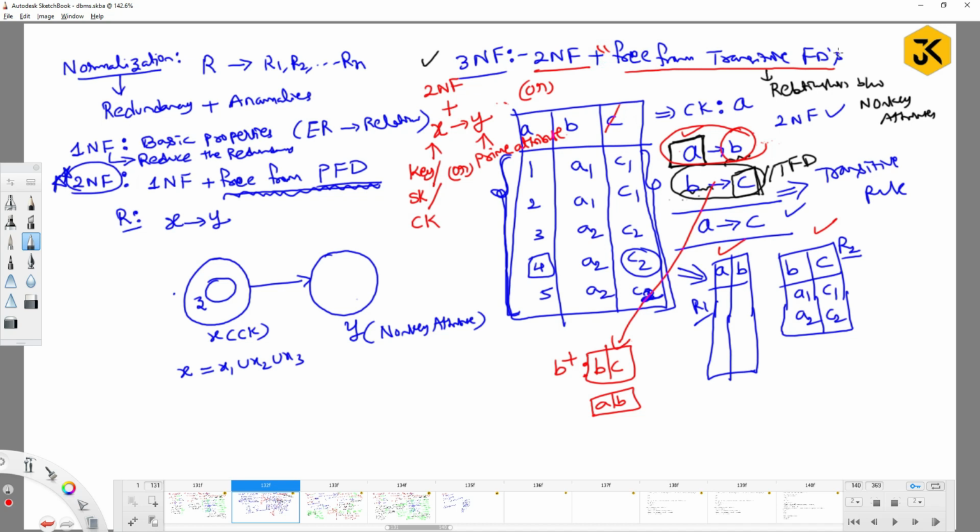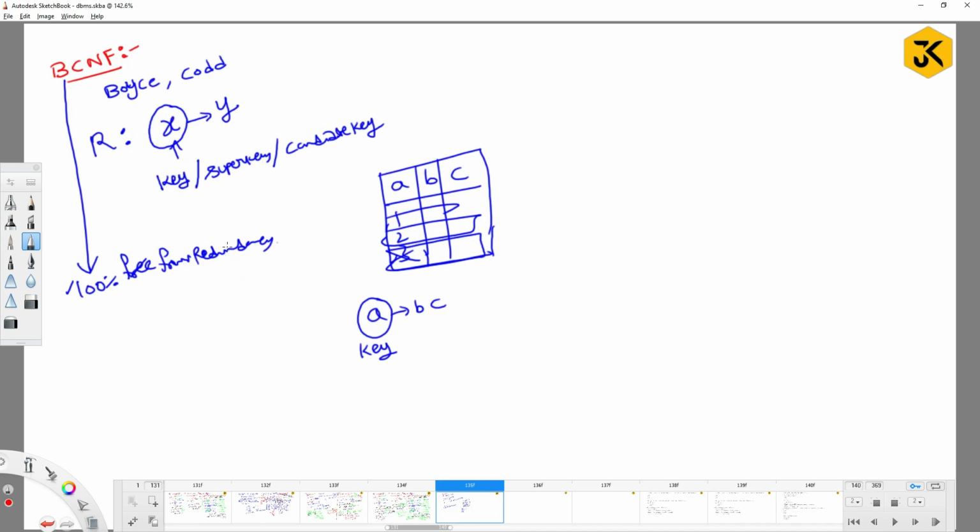So this is more technical. X can be a key or a super key or a candidate key, so you have to make sure that any one of these points is satisfied. But coming to BCNF, that is not the case.